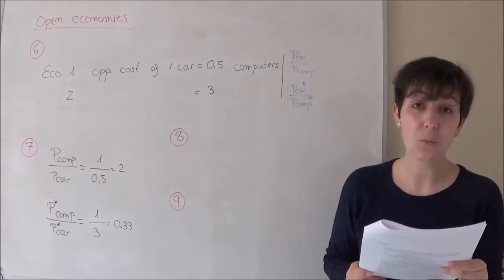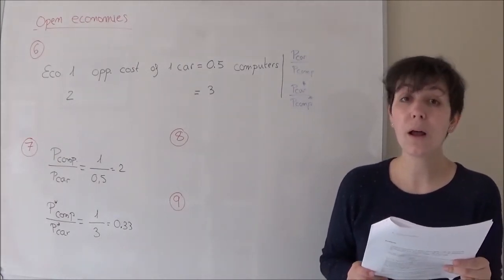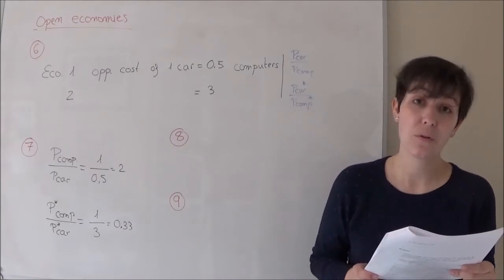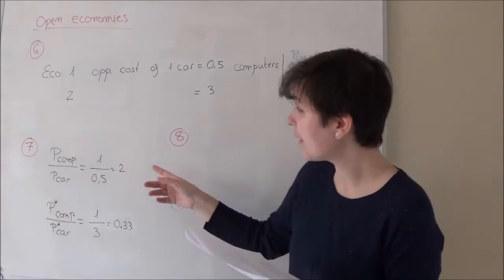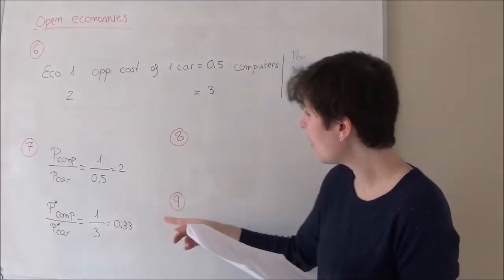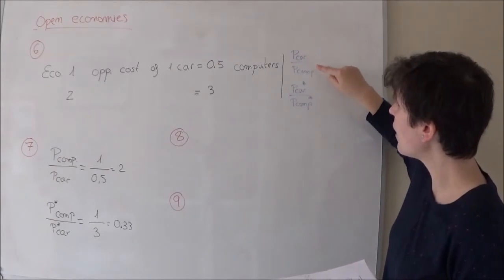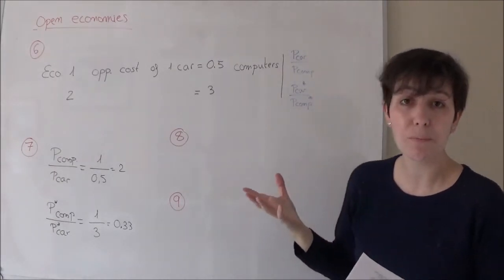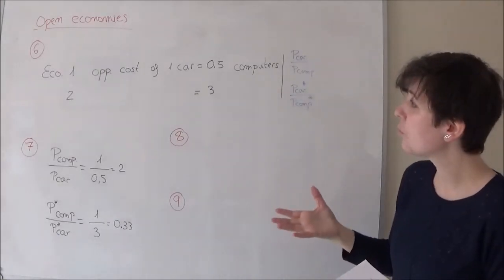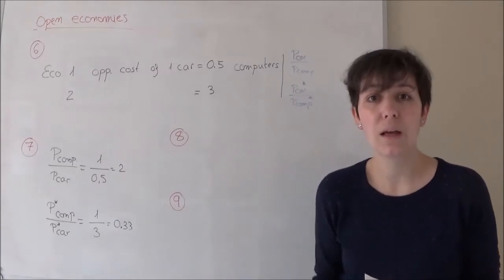In fact, we need more information about the unit labor requirement, or at least the marginal product of labor, because here we just have the final result of the unit labor requirement of car divided by the unit labor requirement of computer, but we don't have the absolute values of that unit labor requirement. So we are just observing the relative terms.